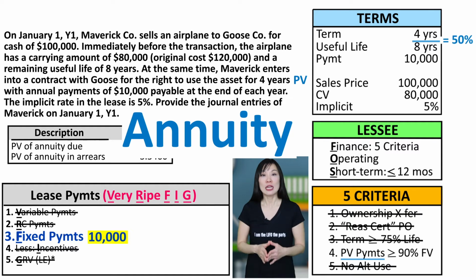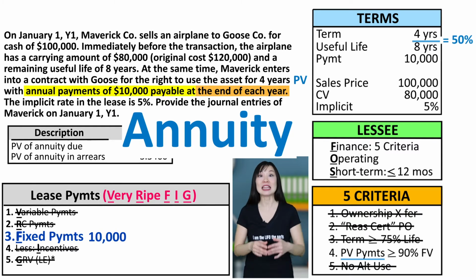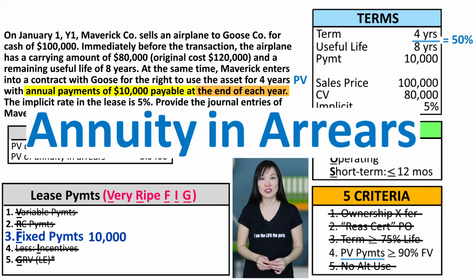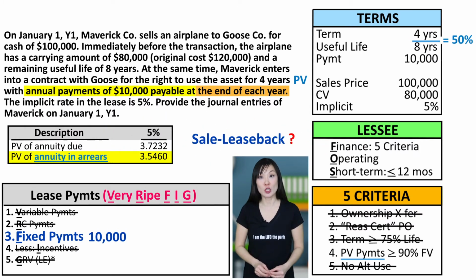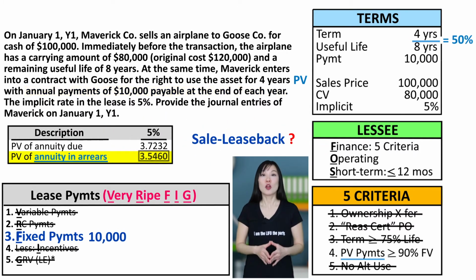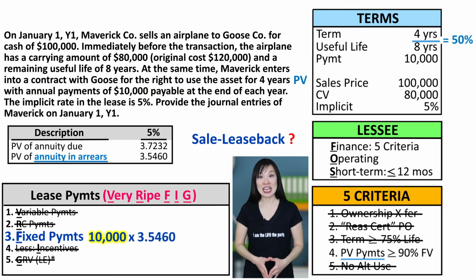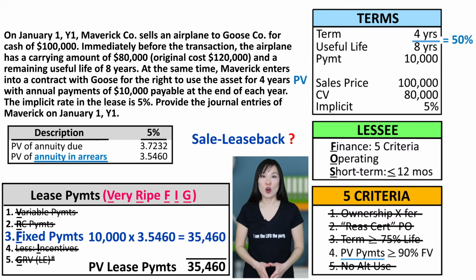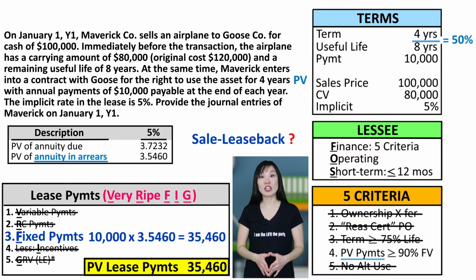An annuity. Here, the annuity payments are made at the end of each lease year. Then, it's an annuity in arrears, also called an ordinary annuity. So we use 3.546. Let's calculate. 10,000 times 3.546 equals $35,460, present value of the lease payments.